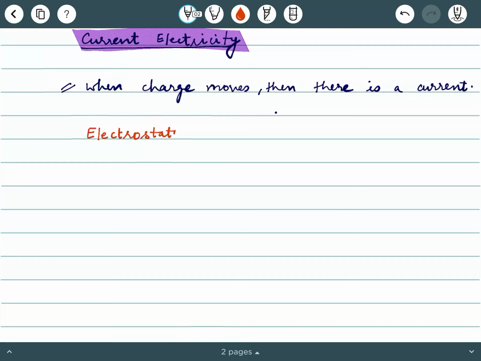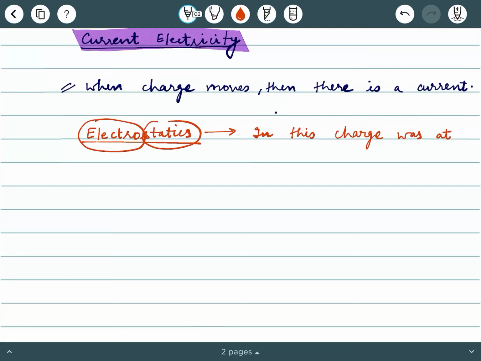It was electrostatics. Then what did we study in it? Electro means charge, statics mean रुका हुआ. So there was charge at rest in the first unit. Charge was at rest.